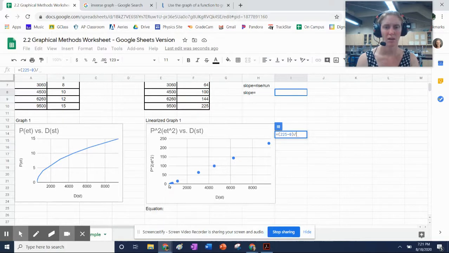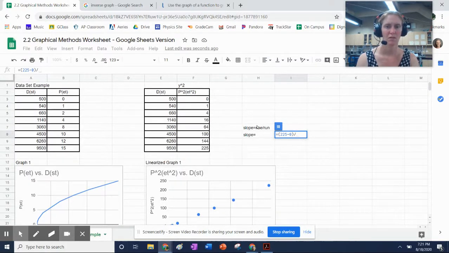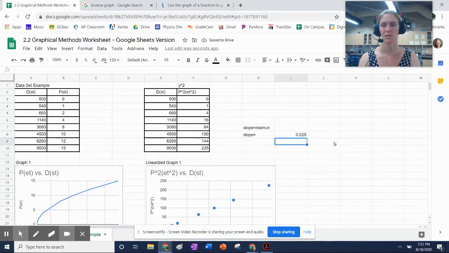And then my run, I started here, so 500 minus 500. All right, so then my slope is 0.025.